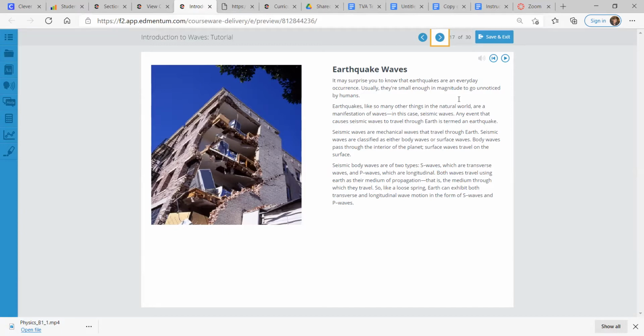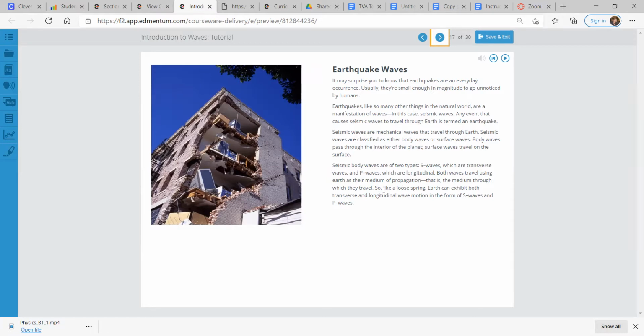Body waves pass through the interior of the planet. Surface waves travel on the surface. Seismic body waves are of 2 types: S waves, which are transverse waves like we talked about, and then P waves, which are longitudinal. Both waves travel using Earth as their medium of propagation.